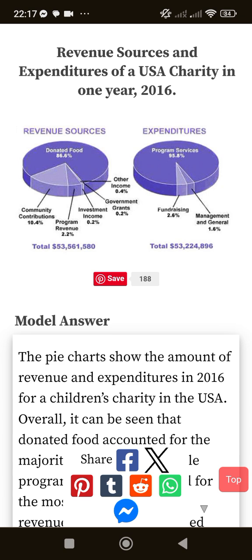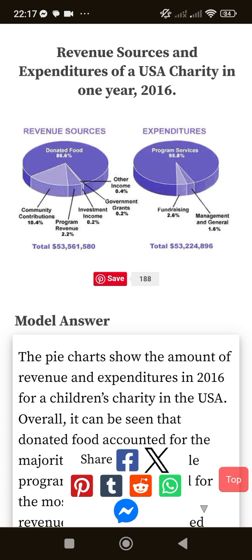Then we have another major chunk here, community contributions, which is about 10.4%, program revenue, and investment income, which is 0.2%, government grants, which is also 0.2%, other income, which is about 0.4%. So these are the revenue sources, where you get all the money to support the needy, the homeless, the people actually who need money for different basic needs.